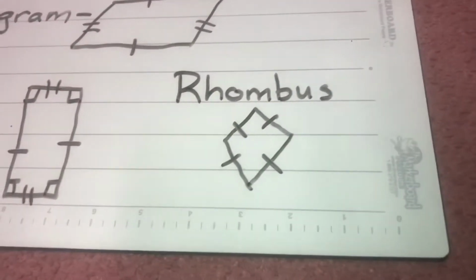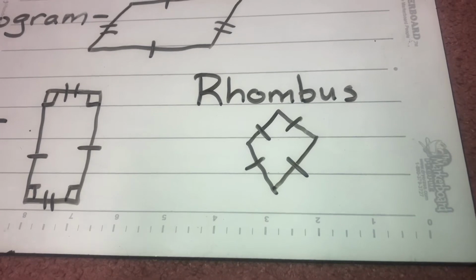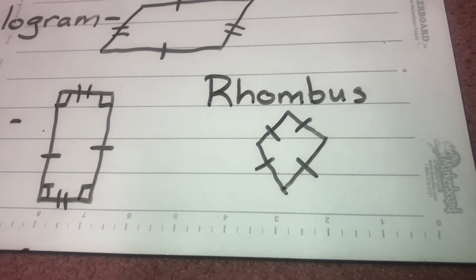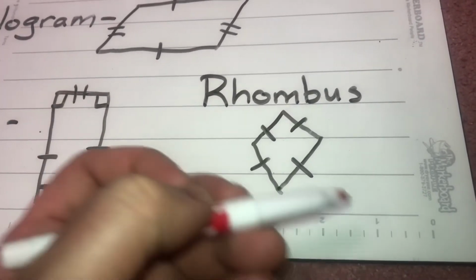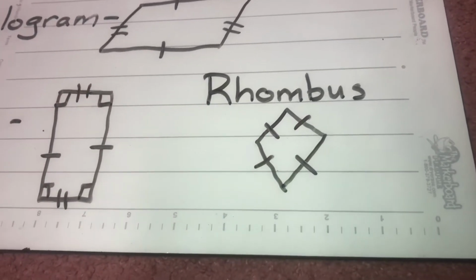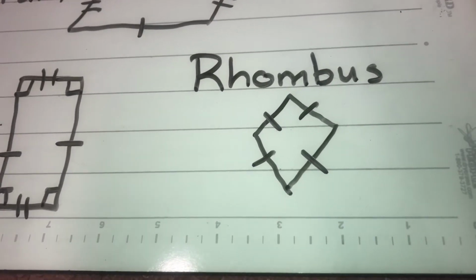The next one is what we call a rhombus. A rhombus, by definition, just has four congruent sides. Doesn't have to have right angles. Nothing else needs to be congruent, but all four sides are the same length, indicated here by the one line through each one. It has the same indicator, so they are all the same length.